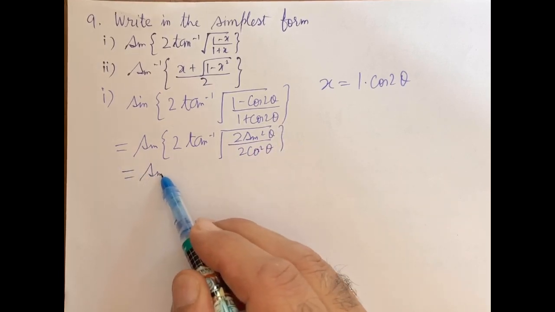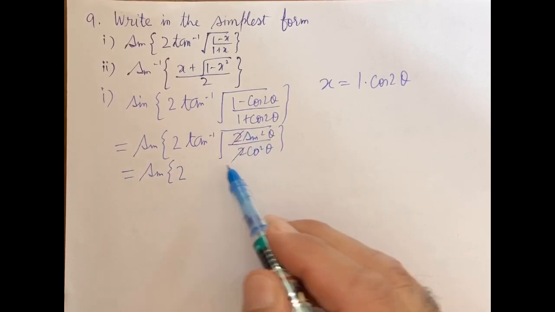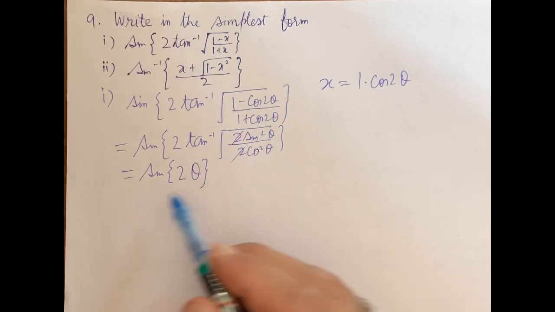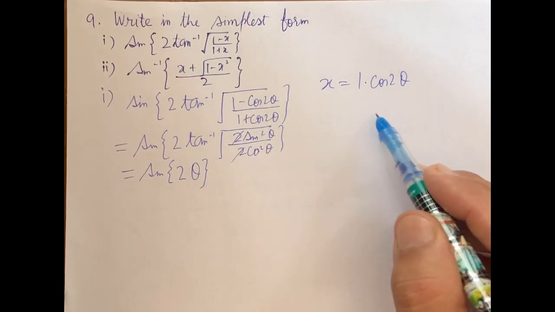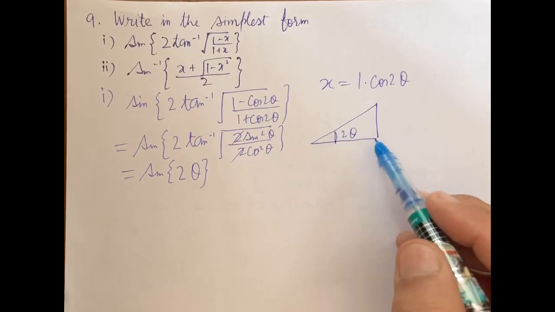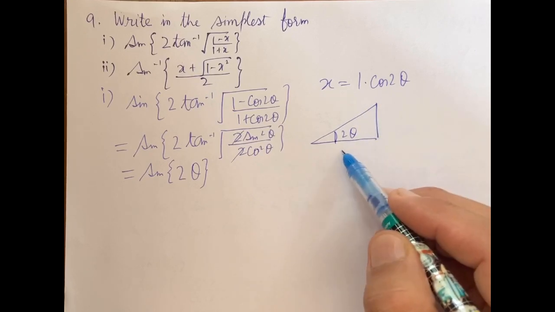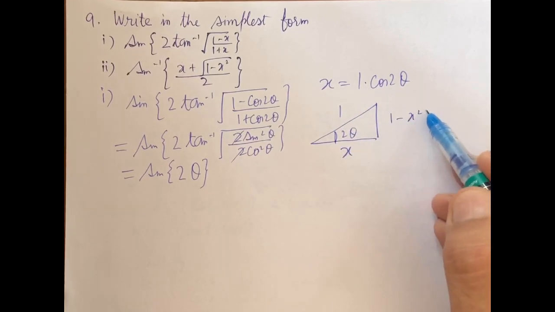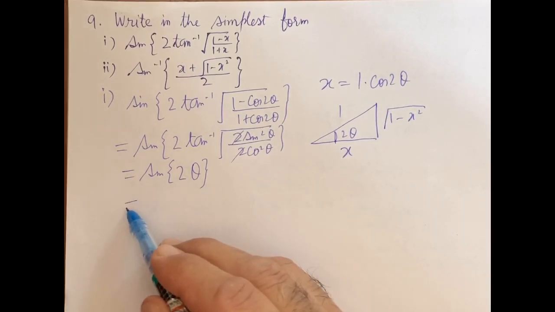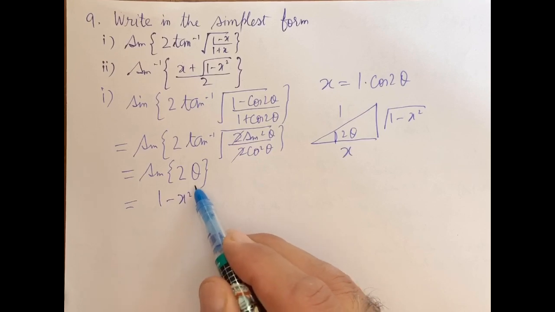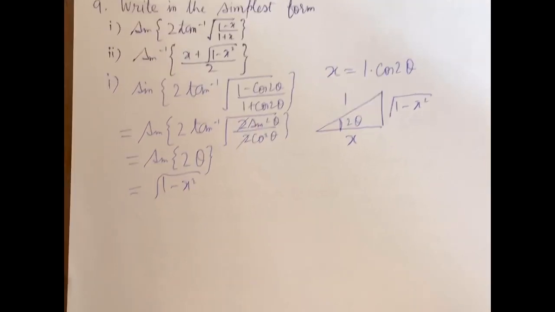This simplifies to sine of 2 tan inverse of tan theta. This is theta, so this is sine of 2 theta. Cos of 2 theta is x, so this is x and this is 1. This will be root of 1 minus x square. So sine of 2 theta will be this upon this, that is root of 1 minus x square.